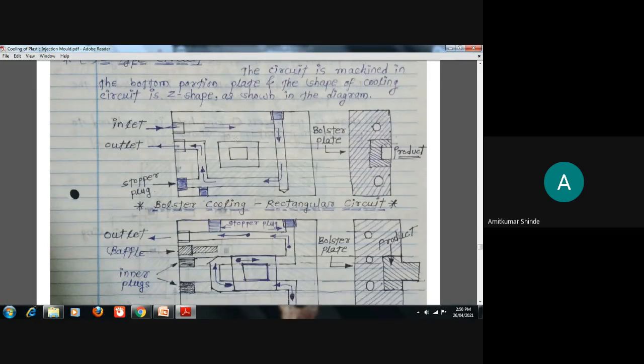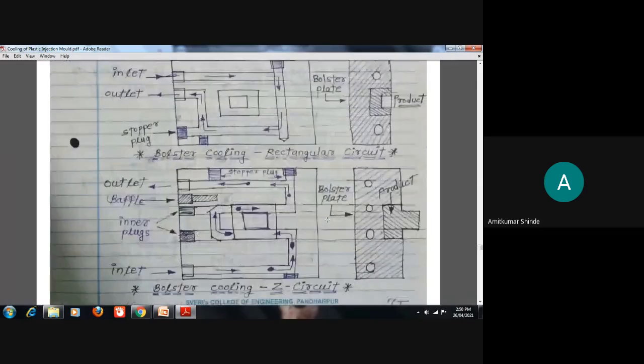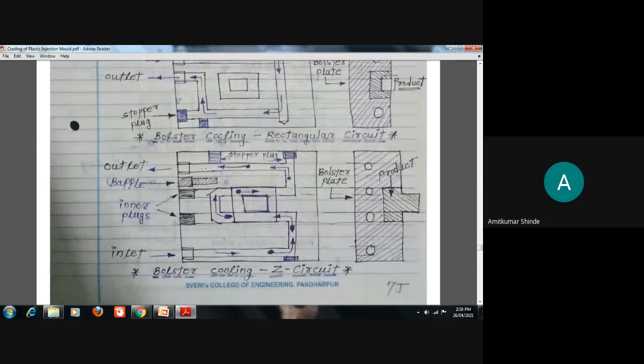If the path followed by the working fluid or water is of a rectangular shape, then it is bolster cooling having rectangular circuit, and if the path followed is of Z shape, okay, this is the inlet, then it is bolster cooling Z type circuit, depending on the path followed. And in this cooling channel, whichever channels are there, what is the difference here?